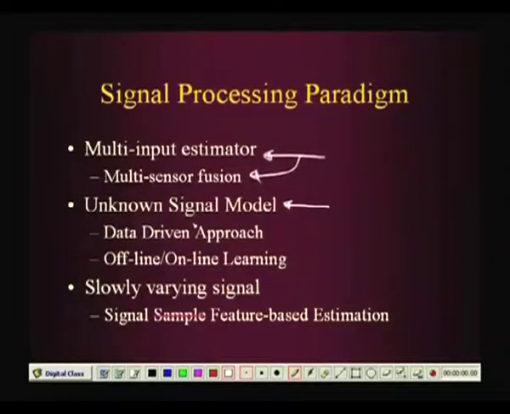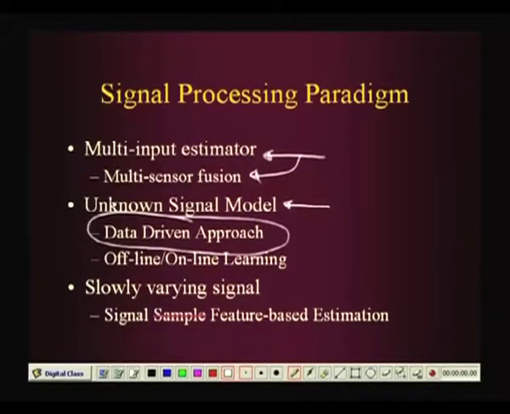So we wanted to use a data driven approach where we do not have any idea about the so called model structure. Remember that whenever we did estimation, we generally chose a model structure.